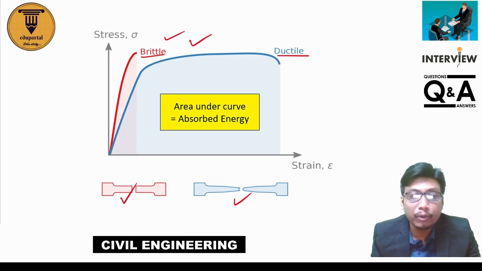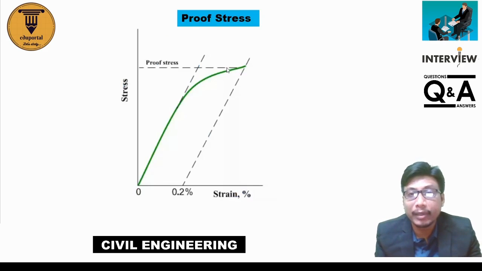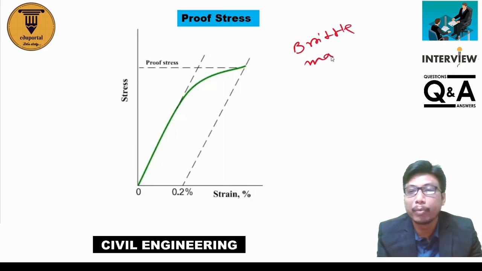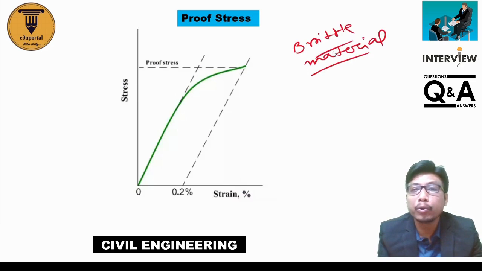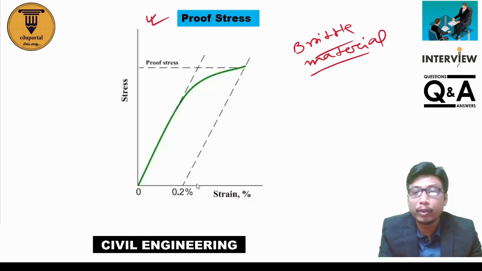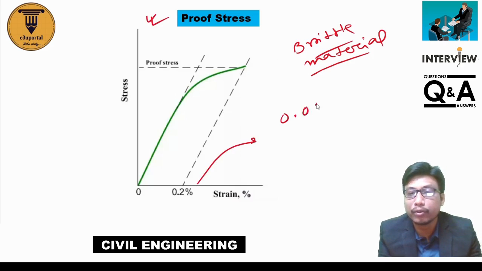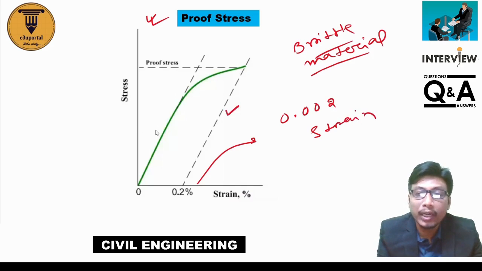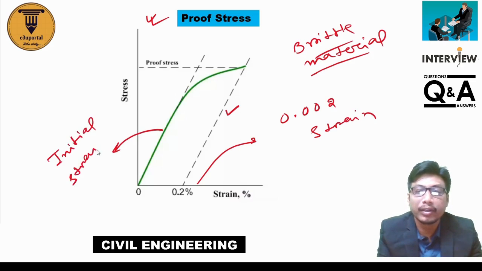And then they will ask you how to determine the yield point for brittle material, because they have no specific yield point. Then how do we find its yield point? For that you need to draw this and show that at 0.2% strain, that is 0.002 strain, we need to draw a straight line which is parallel to the initial stress strain curve, that is the linear portion.